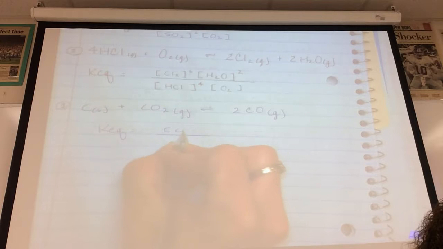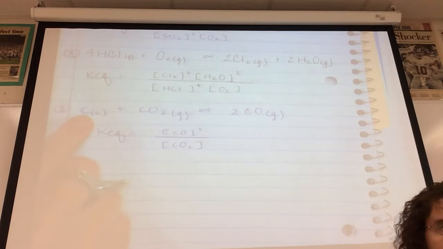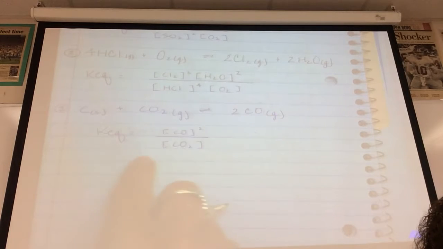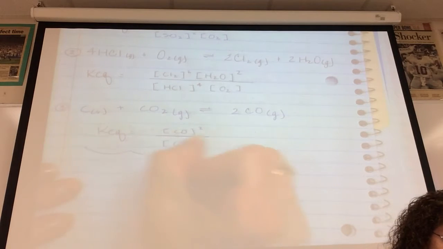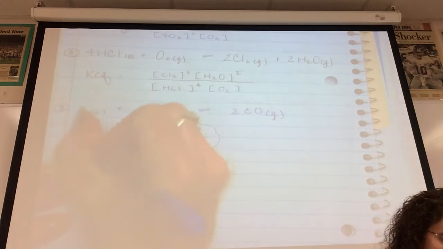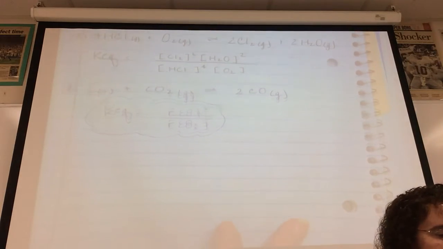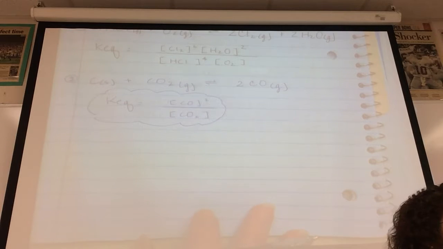Carbon monoxide, carbon dioxide. Why don't we put the carbon in? It's a solid, so it's part of the balanced equation, but it's not part of our equilibrium constant expression because their concentrations don't change, nor their activities, so they're excluded.